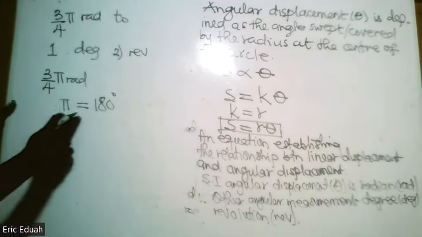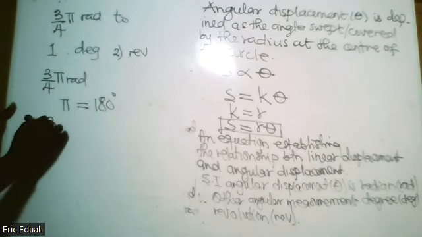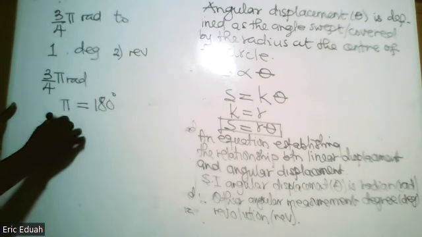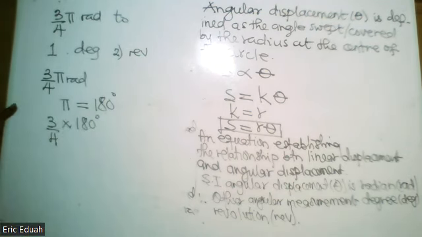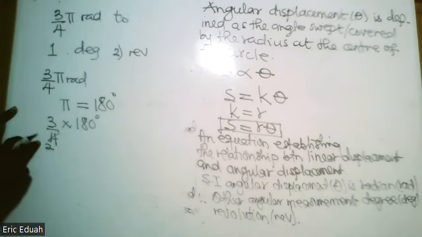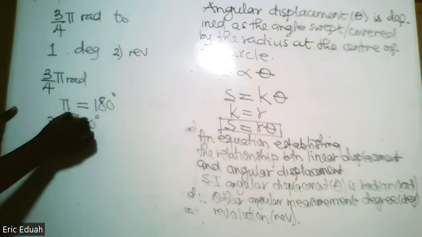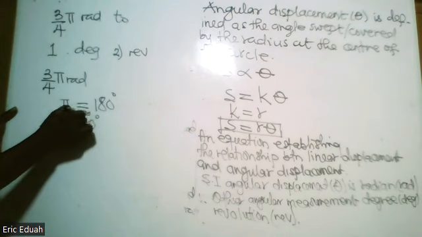So if pi is equal to 180, then in place of pi in 3/4 pi, I substitute 180 degrees. 2 goes into 4, 2, and 2 goes into 180, 90, then 2 goes into 90, 45.